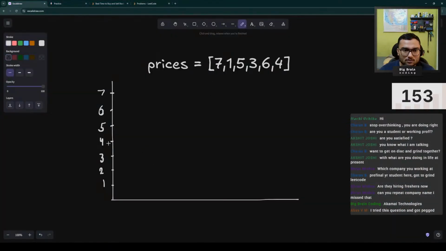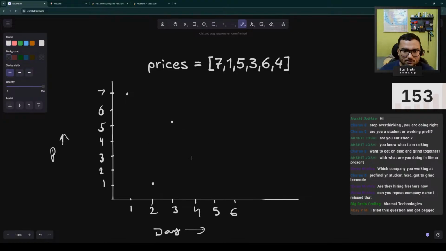Okay. So, first day. This is day 1, 2, 3, 4, 5, 6. So these are days. These are prices. First day the price is 7. Second day price is 1. Third day price is 5.